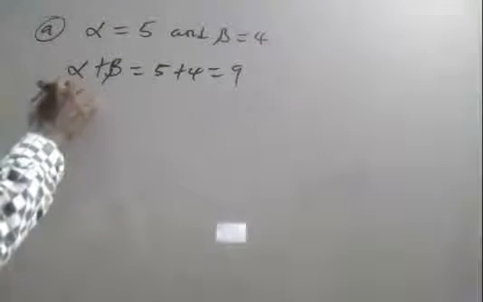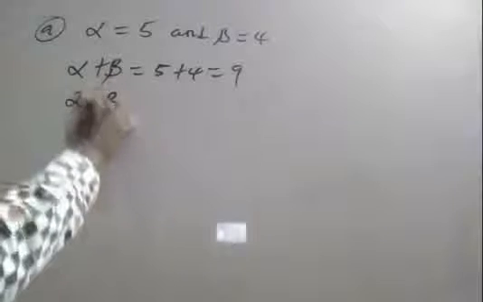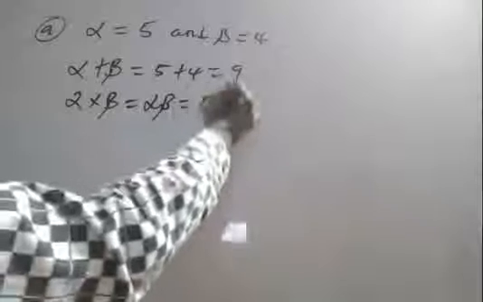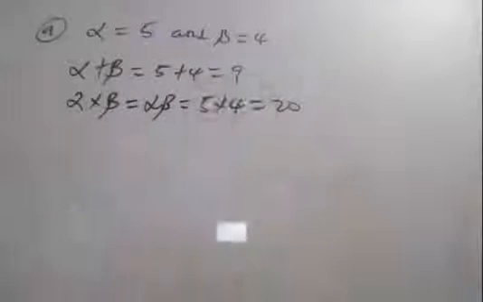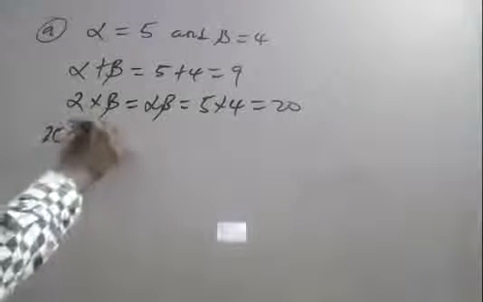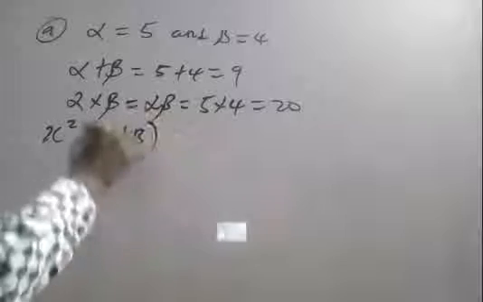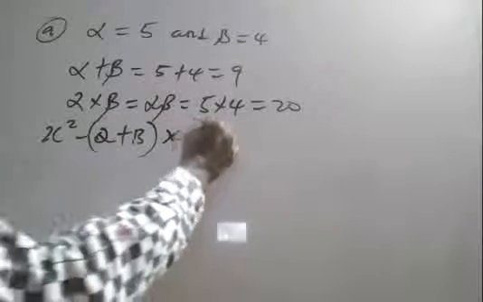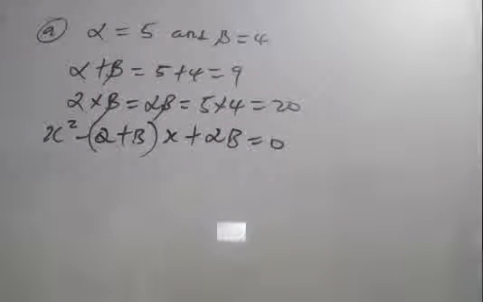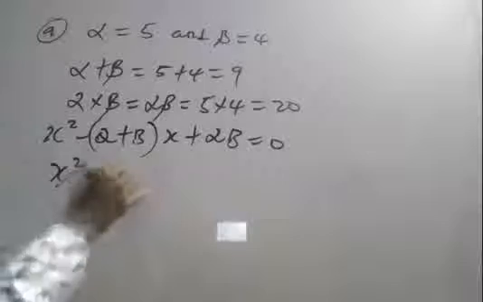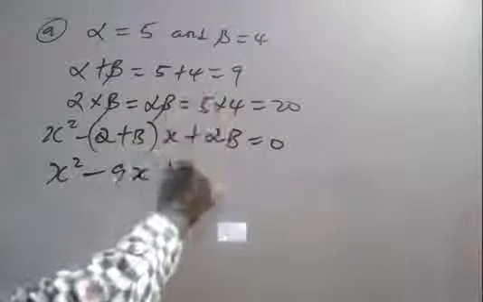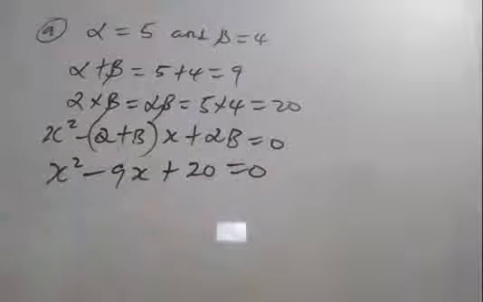Then alpha times beta, which is alpha beta, is equal to 5 times 4, which is 20. So if we use our formula, x squared minus (alpha plus beta)x plus alpha beta equals 0, then the quadratic equation will be x squared minus 9x plus 20 equals 0.